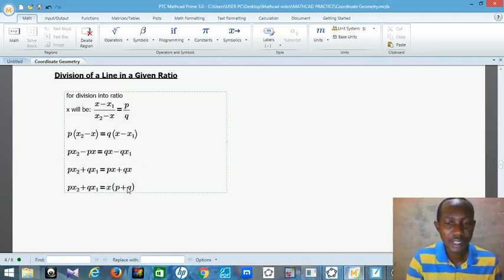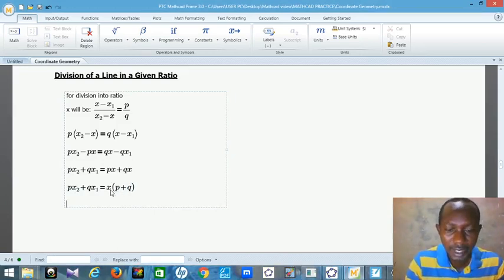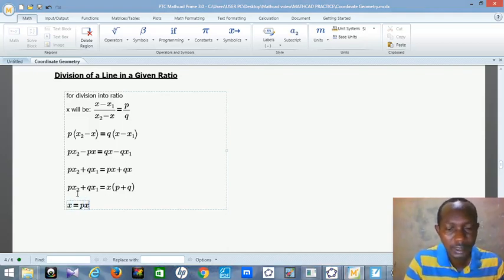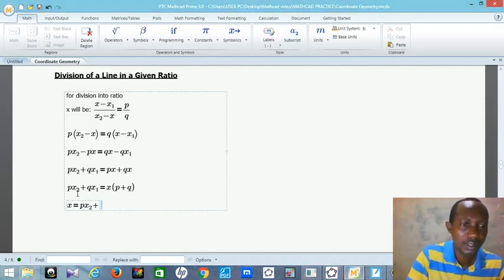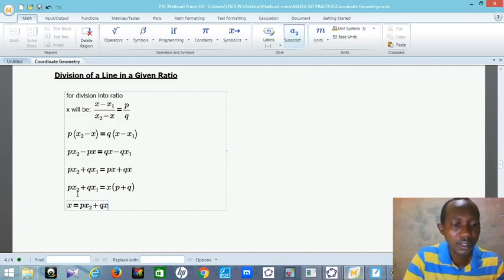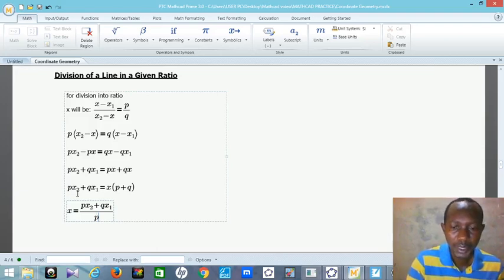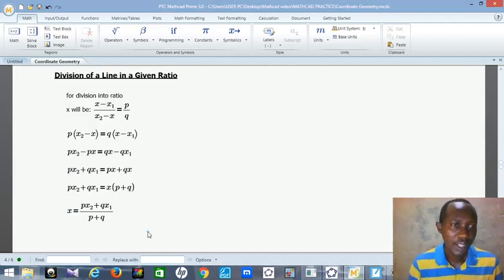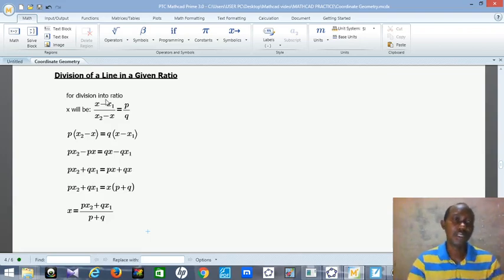The next thing is to divide both sides by p plus q. When you divide both sides by p plus q, we now have, therefore, x is equal to px2 plus qx1 divided by p plus q. So this is the coordinate of x when a line is divided into a given ratio.